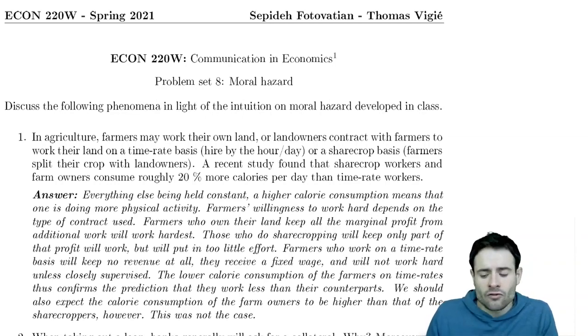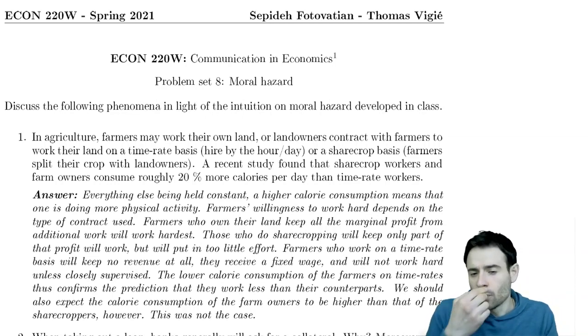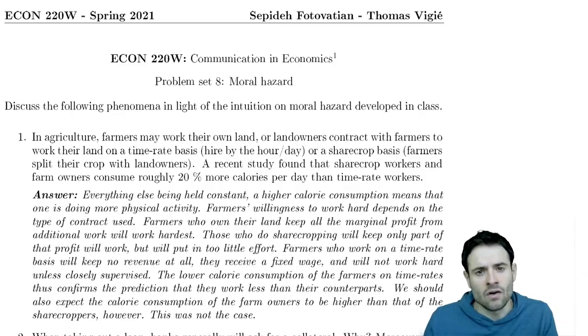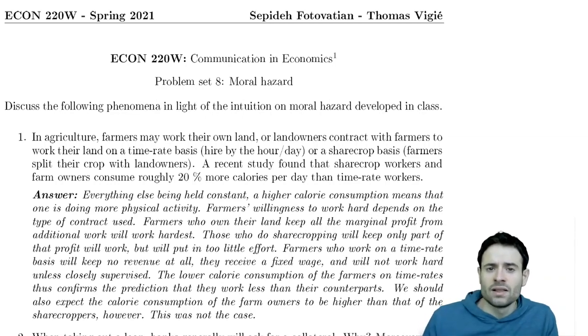However, from an economic point of view, since a landowner owns 100% of the revenue generated by an extra hour of work, as opposed to sharecrop, which only get a certain percentage of that extra revenue, we should expect landowners to work even harder than sharecrop workers. According to this study, this was not the case.